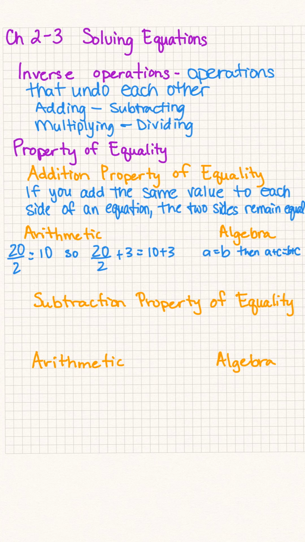The subtraction property says if you subtract the same value from each side of the equation, the two sides remain equal.